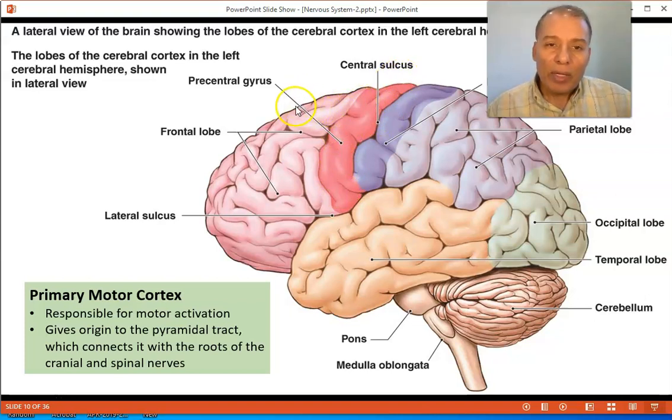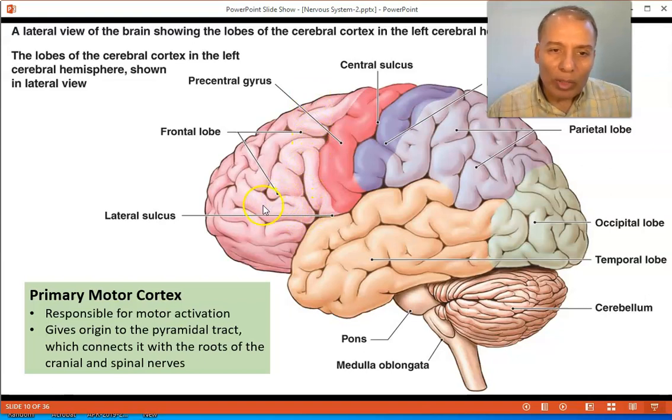The area in front, all this area here, is called the premotor cortex, or the premotor area. The top segment of the premotor area is called the supplementary motor cortex. It is involved in the initiation of speech and in editing speech orders.